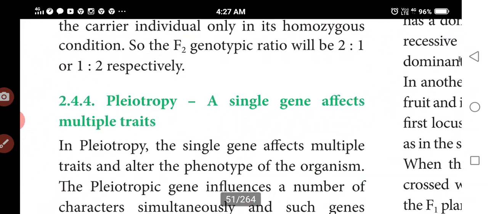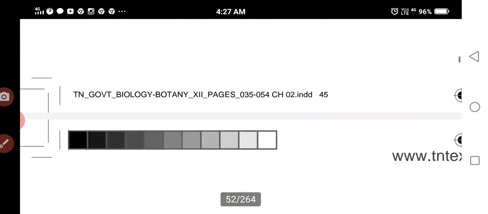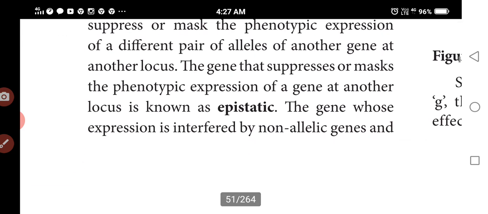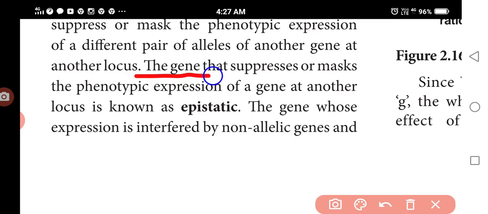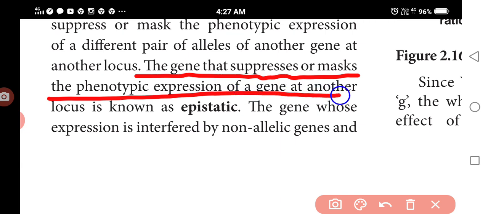Hypostatic means the affected gene. Epistatic means the gene that suppresses the phenotypic expression of a gene at another locus.